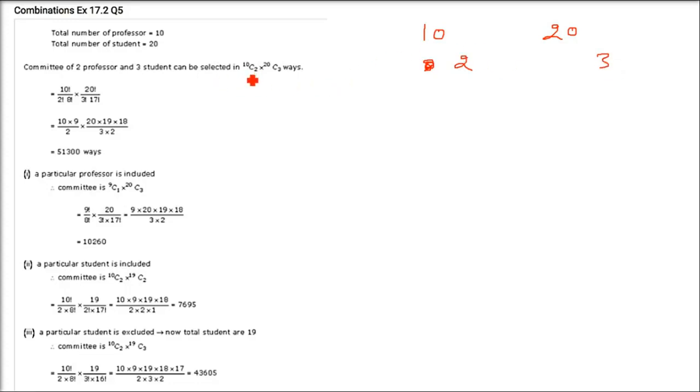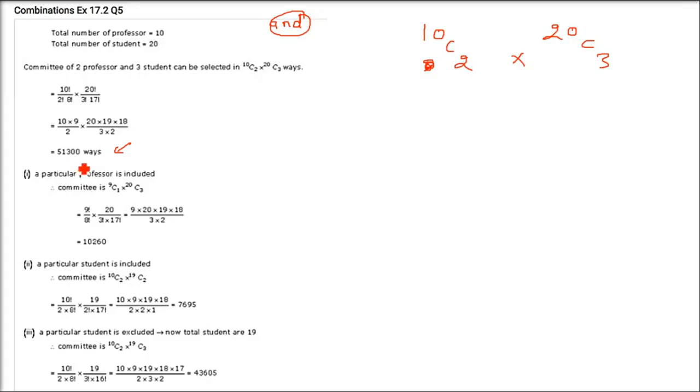So we have 10 professors and 20 students, and from these, 2 professors and 3 students are to be taken. See, the question has an "and" in it. That means you have to multiply. So 10C2 and 20C3. Multiply them, 51300 will come.